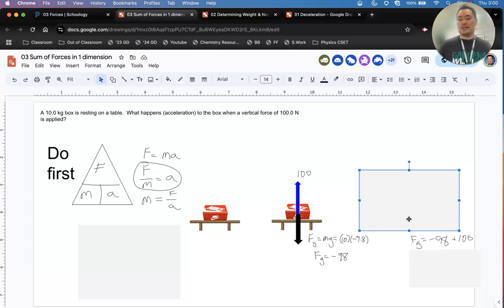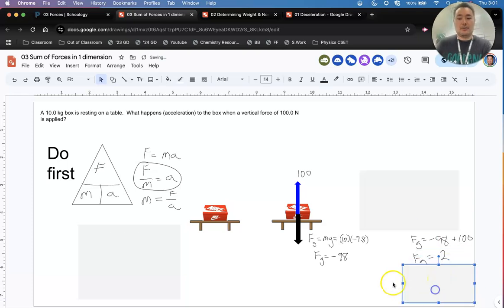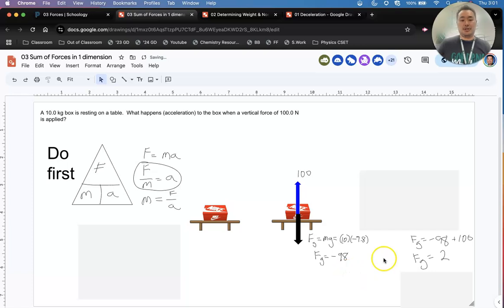What's negative 98 plus 100? Two. So now we have our force. Force divided by mass gives us acceleration, and that's what's happening, quote unquote, to the box.